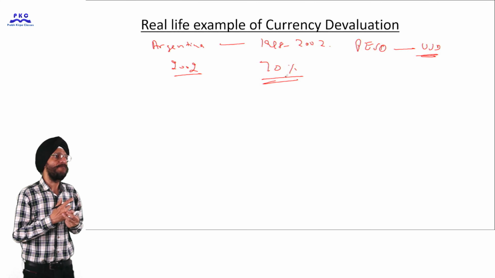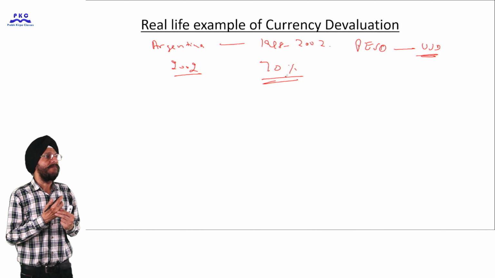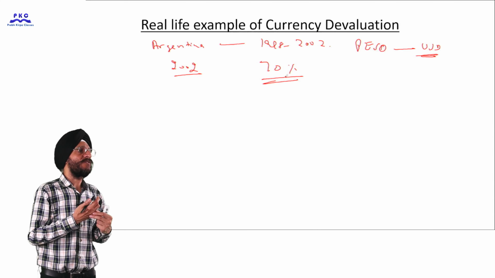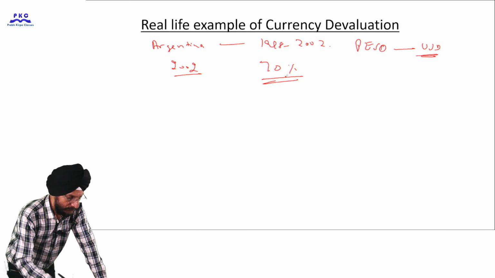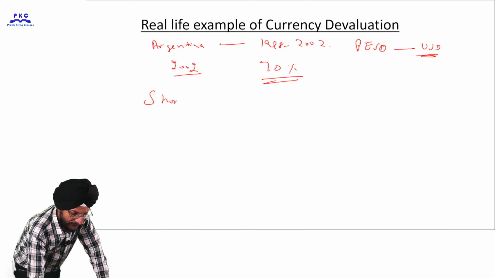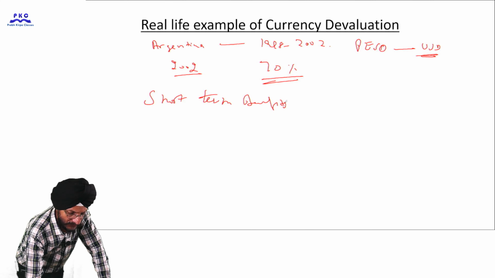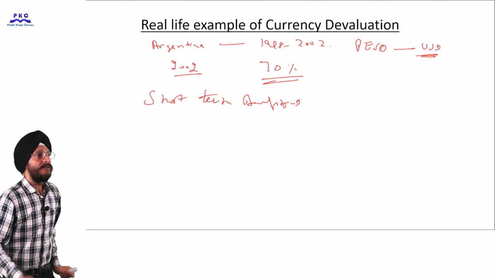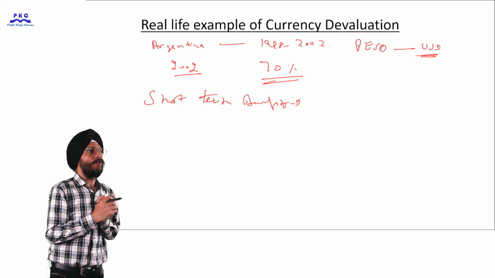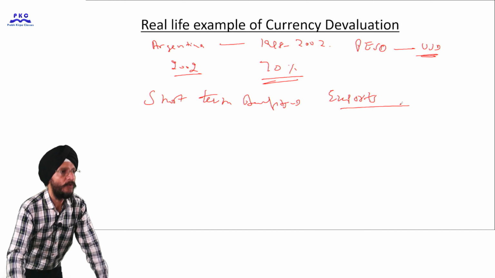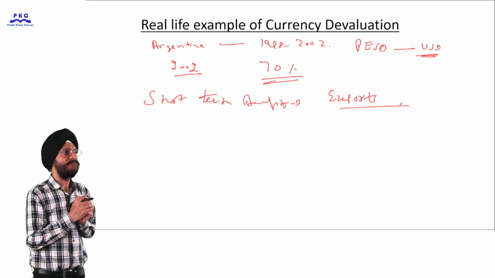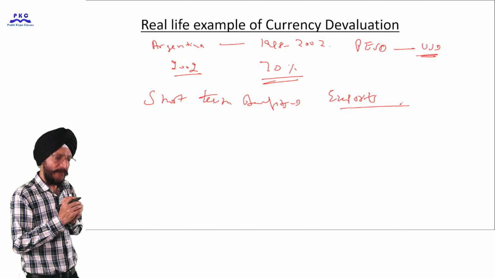It had very positive and negative impacts. There were some short-term benefits of this devaluation. When the currency devalued, the exports became cheaper for foreigners, so it helped in increasing exports from Argentina.